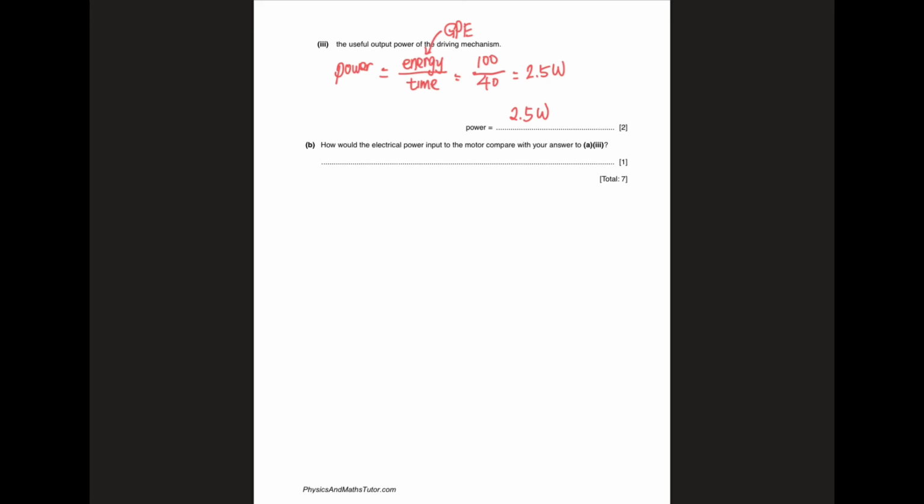Okay. So part B, how would the electrical power input to the motor compare with your answer to part A? So the input should be greater.